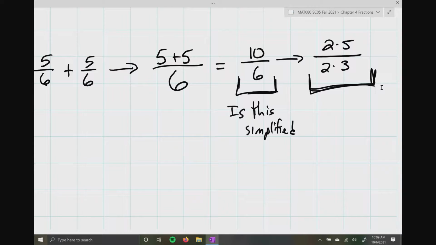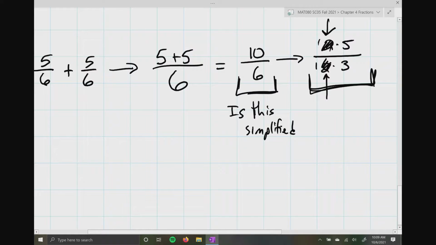Because you may have to reduce the fraction. I may have to reduce the fraction, and I want to know what number I need to reduce it with. What do we see right here? 2. And what do you see right here underneath? 2. And we know 2 over 2 equals what number? 1.